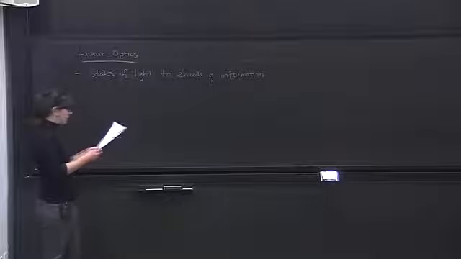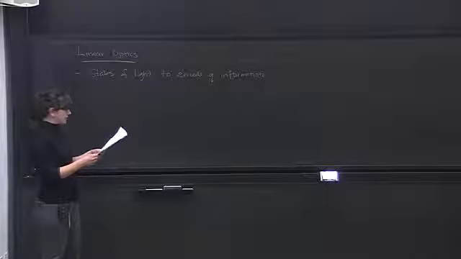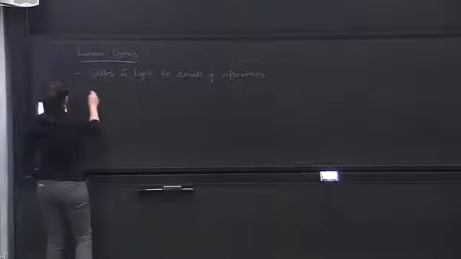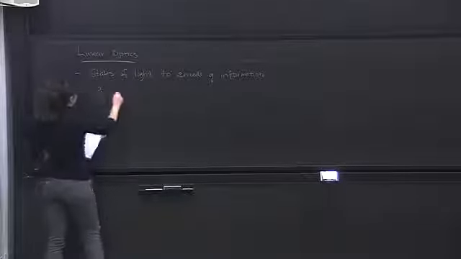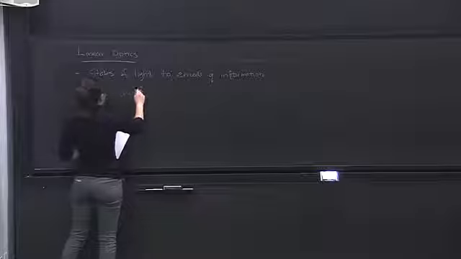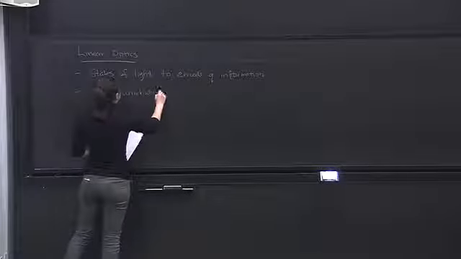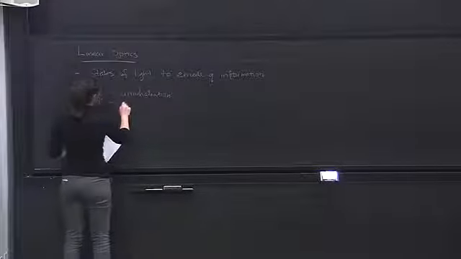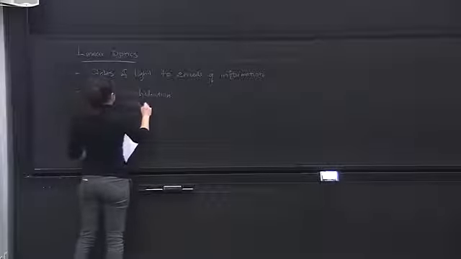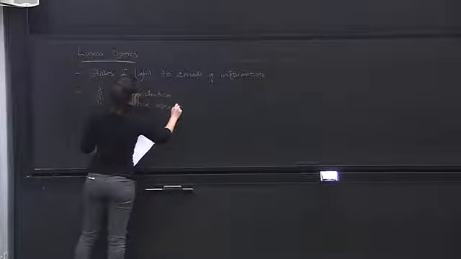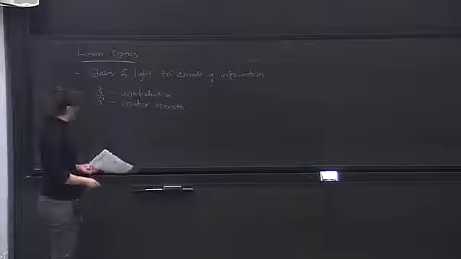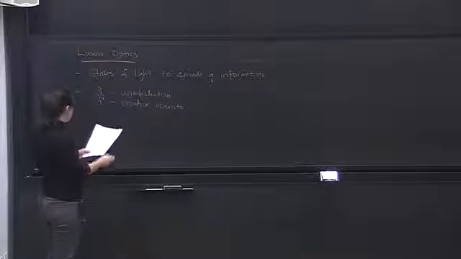Okay, so we're going to make use of second quantized notation where we have these operators, A and A dagger, which are the annihilation and creation operators. And these act on optical states of light.